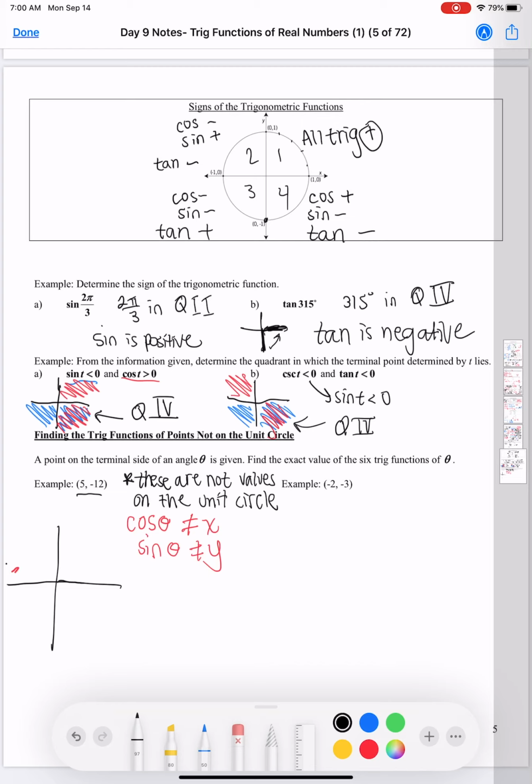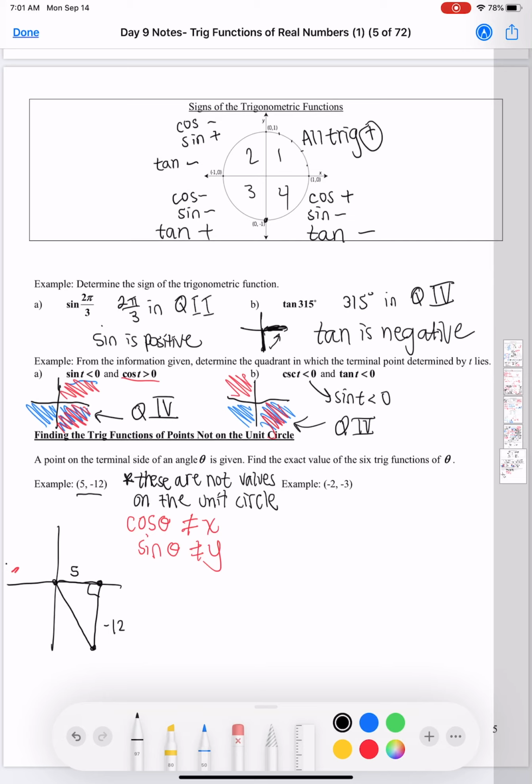That means I went +5 in the x direction. -12 means I went down 12 in the y direction. Okay, and notice if I connect from my center to my point here, I have a triangle, and a right triangle at that.